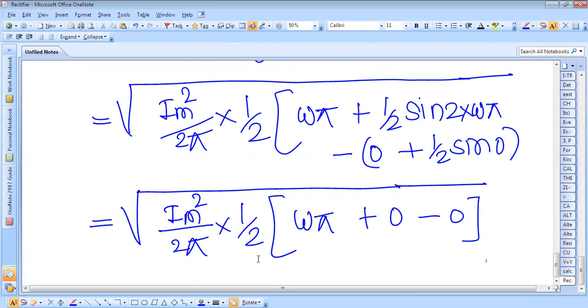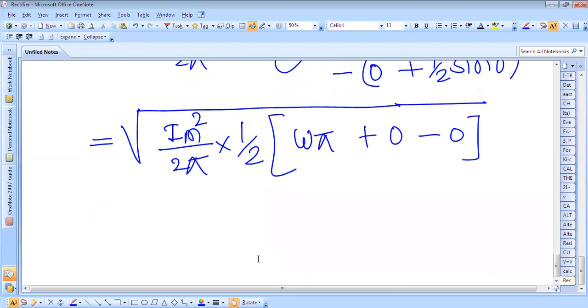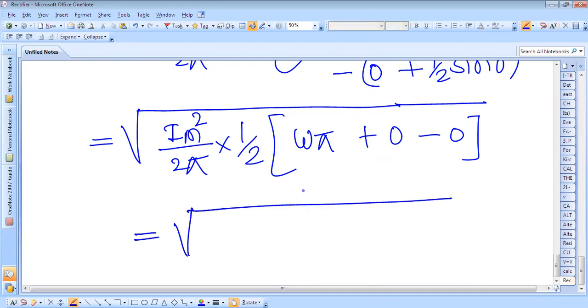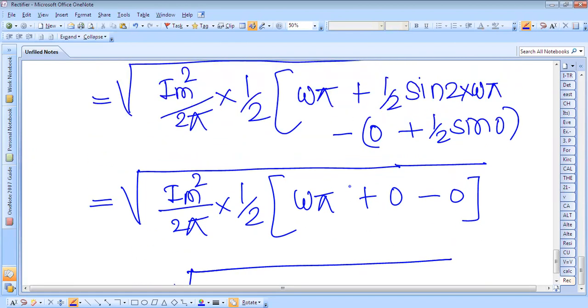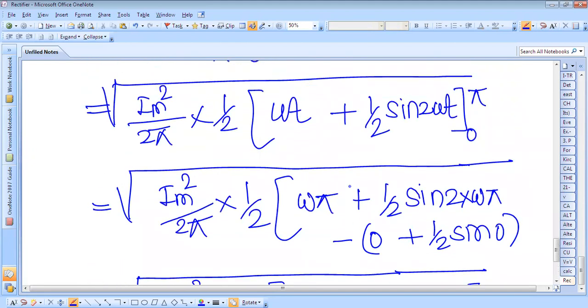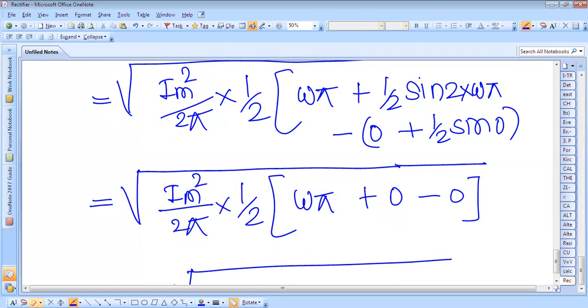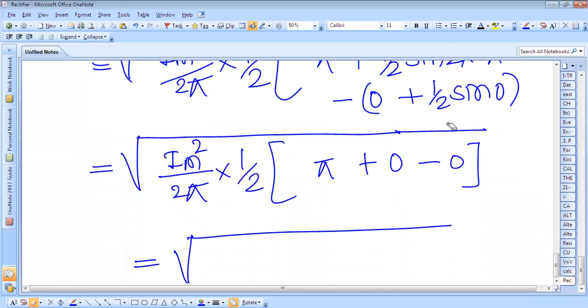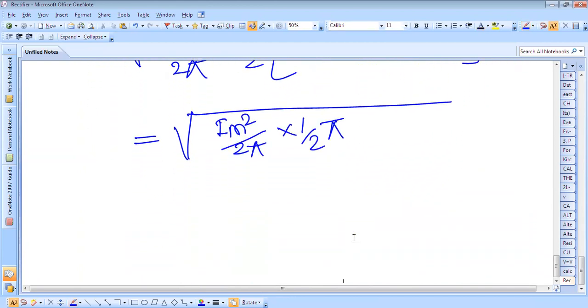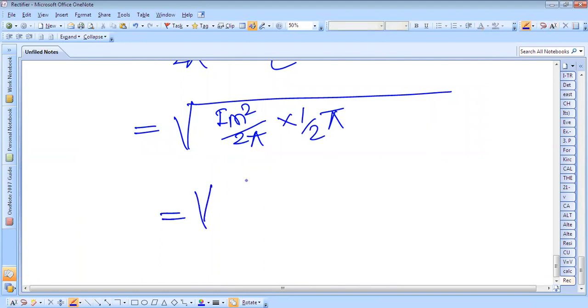So we substitute omega t equal to pi, and what remains is Im square by 2 pi into half into pi, which becomes Im square by 4, as pi is cancelled.